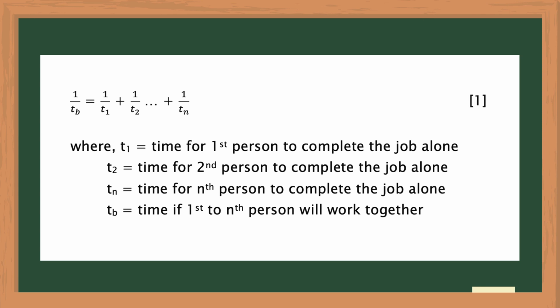By looking at this general equation, we can notice that this is also an expression of rate or ratio, since t sub 1, t sub 2, t sub n, and t sub b are in terms of time.